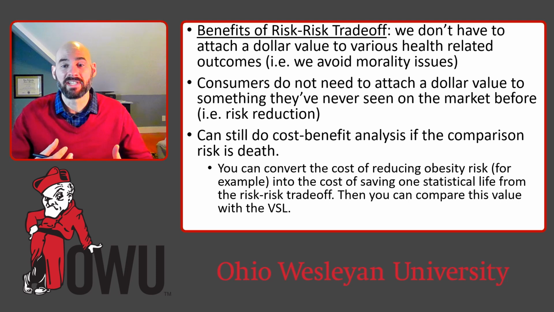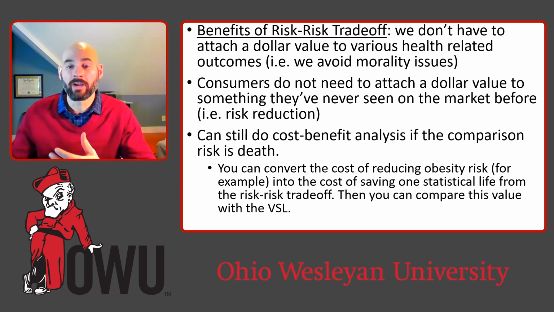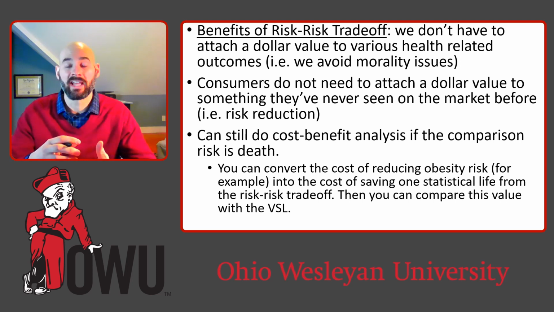And oftentimes that common denominator may just be death, maybe the value of statistical life. And as we observe the trade-offs that individuals make between different types of health outcomes and health outcomes which are likely to lead to death, then we can start placing a value on those trade-offs.